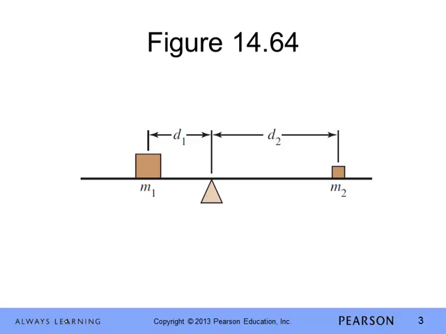So we might say this is at x bar. We may not know what x bar is. The location for M1 is at x equals x sub 1, and the location for M sub 2 might be at x sub 2.